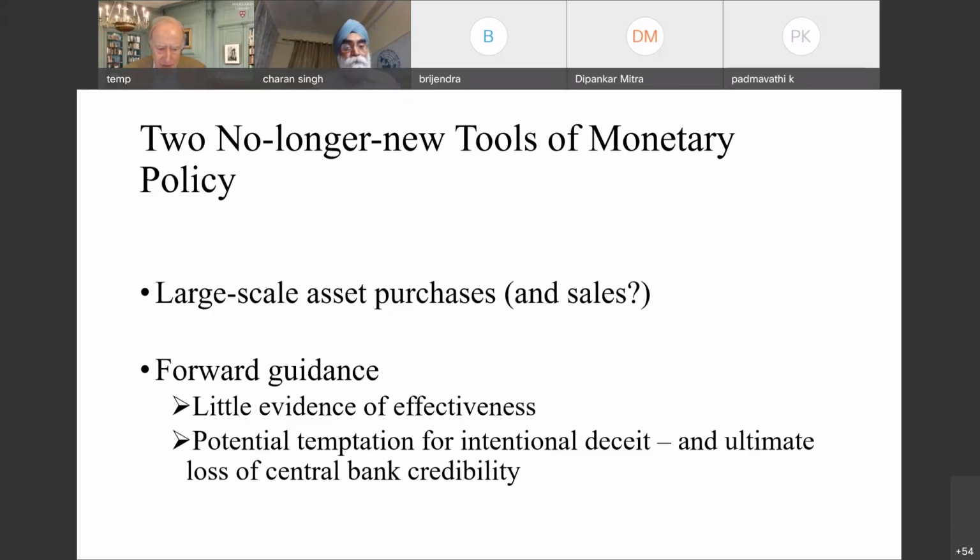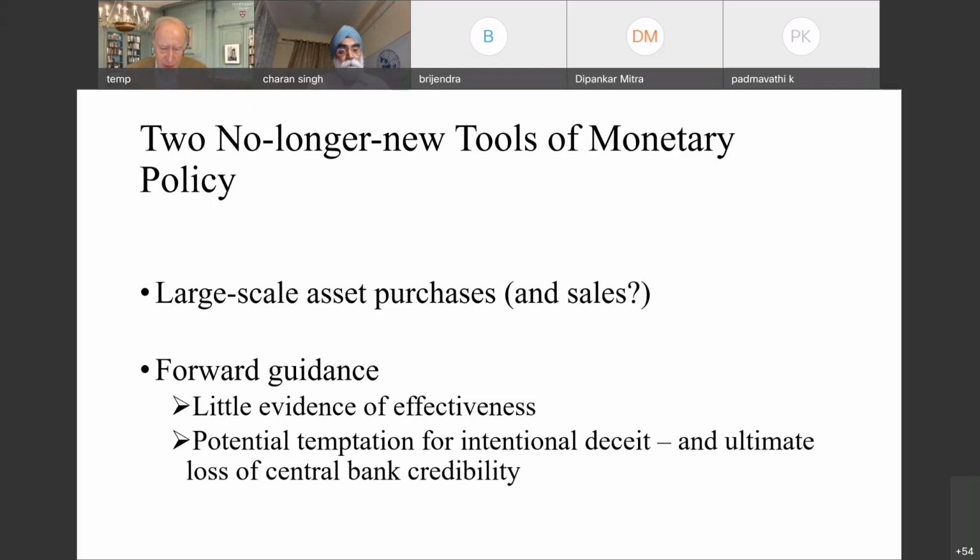And I think there's a further problem, and that further problem is that it creates a temptation for the central bank to make statements that are not genuinely revealing what the committee plans to do in the future. That would be fine in the interest of transparency, but instead in a kind of intentional deceit to try to shape market expectations.